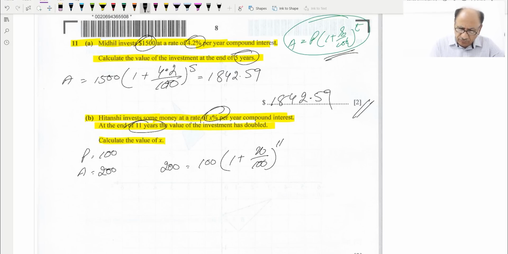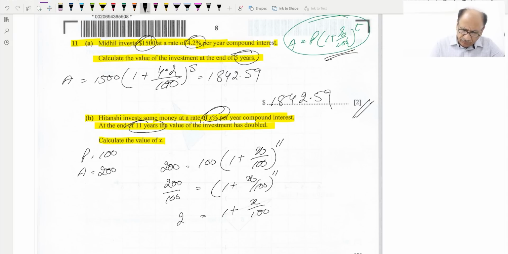Now we need to simplify. First of all we will shift 100 to the other side, so 200 over 100 is equal to (1 plus x over 100) raised to the power 11, and this becomes 2.